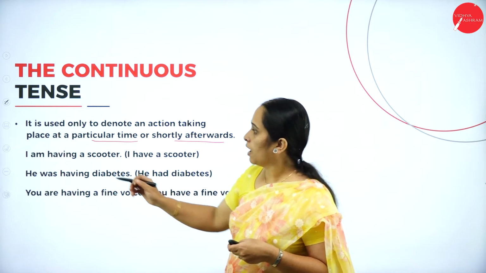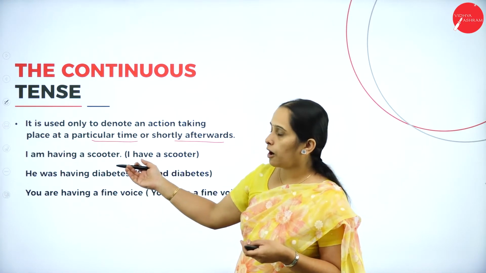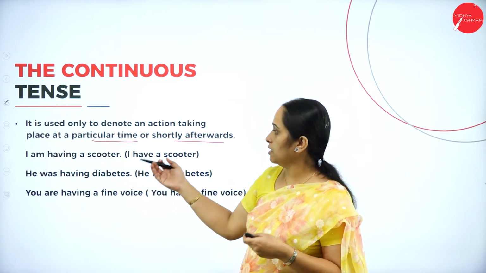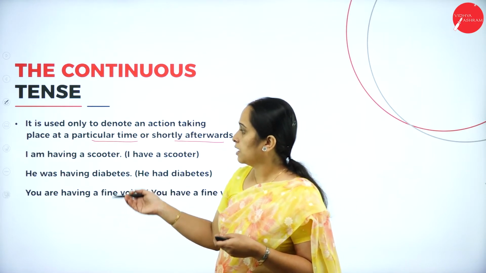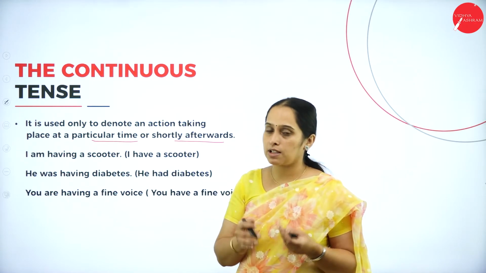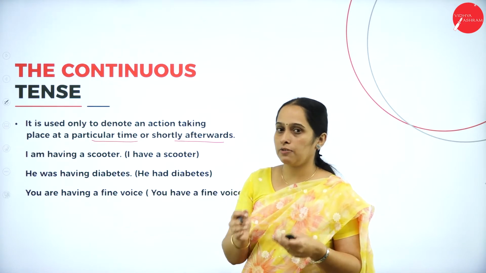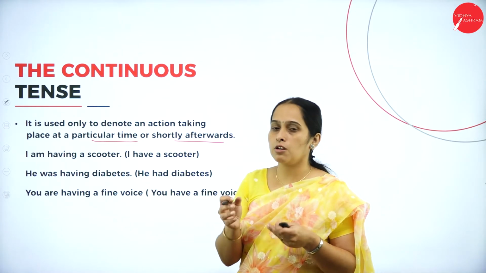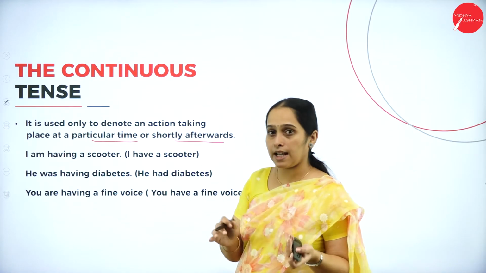Let's see here. I am having a scooter. Instead of that, no need to use having there; we can say I have a scooter. Next, he was having diabetes. Once diabetes is there, it will be there lifelong, even if there is a cure, so he will be a diabetic patient, right? So he had diabetes before.